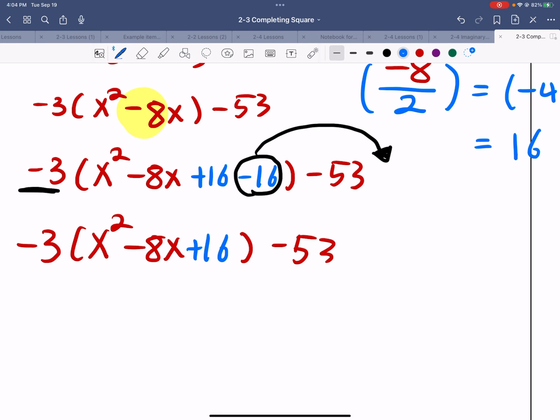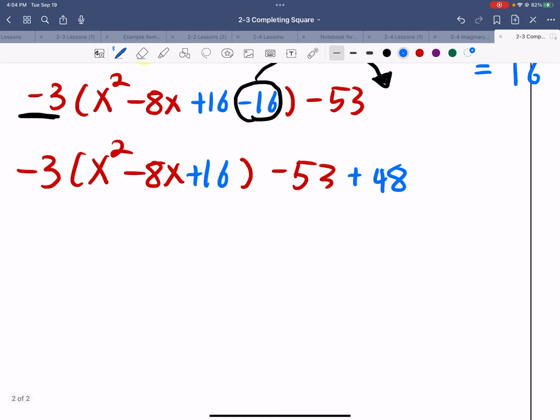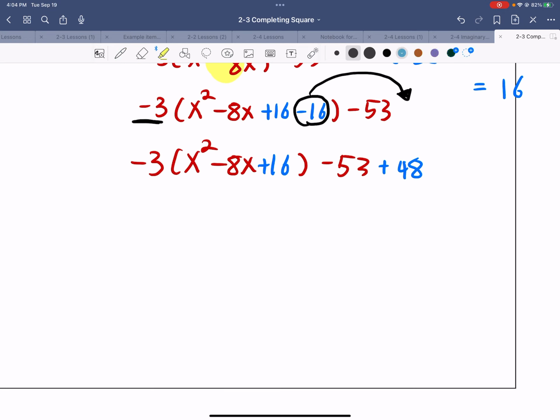So -16 times -3, what is it? Negative times negative will become positive. So it's going to be positive. 16 times 3, 48. All right. Finally, now we can factor this one. I'm going to put 16 on the top, -8 on the bottom. What is this combination going to be? -4 and -4.